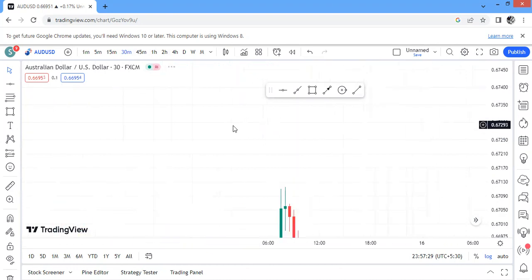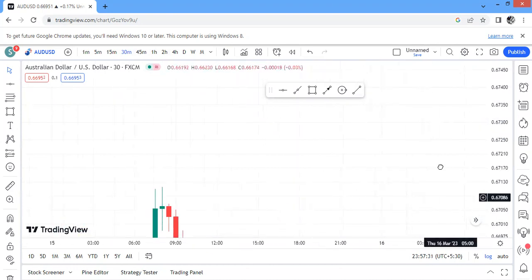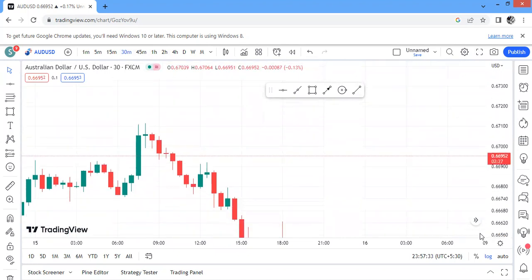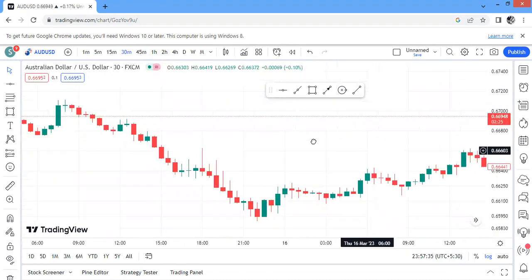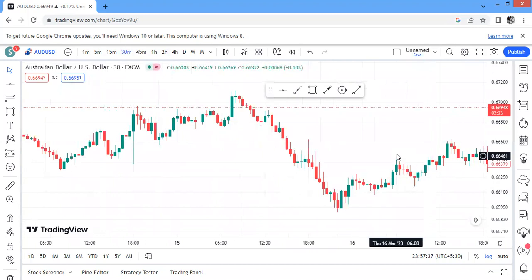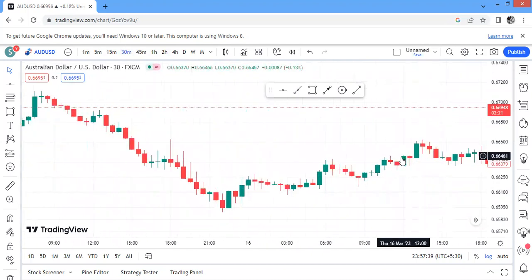So in this lesson, guys, I just want to make sure you have learned something about candlesticks, and you will be able to become a pro in trading. The next lesson, I'm going to be showing you about specific candles, like an engulfing candle, all those things.